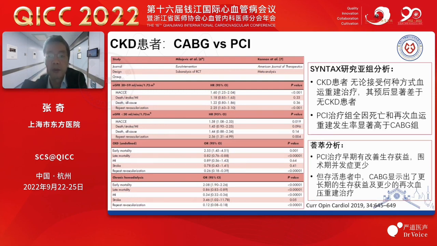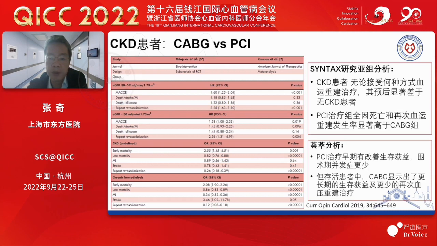No matter what type of revascularization they received, they found that usually the prognosis is the same as non-CKD patients. And for the PCI group, that is higher than the CABG group in terms of all-cause mortality and revascularization.